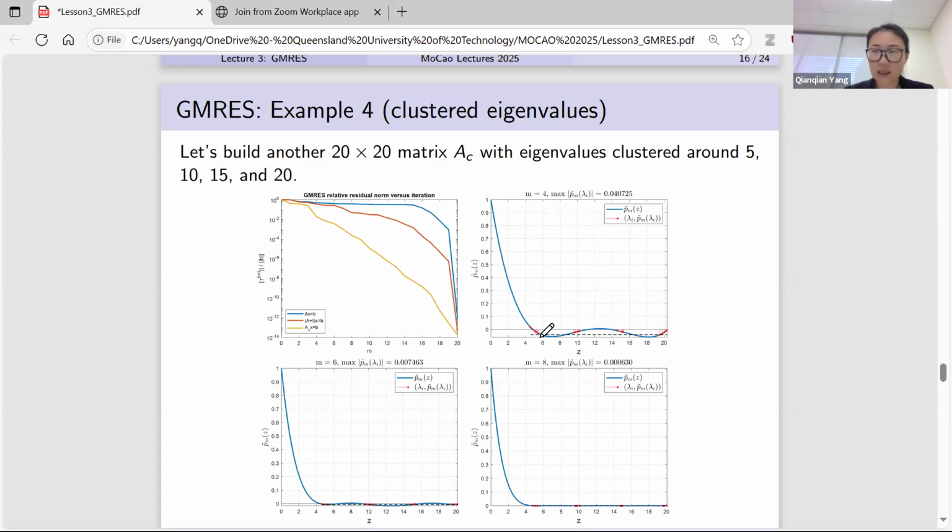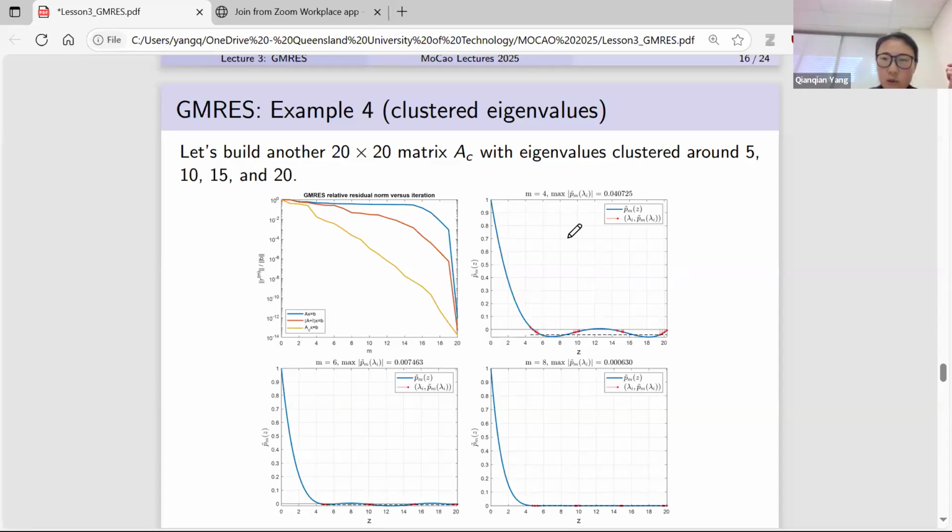The good thing is that if one of the polynomial values at the eigenvalues is small, then because they are clustered, a few of them nearby, those polynomial values are also small. So that's the advantage of having clustered eigenvalues.